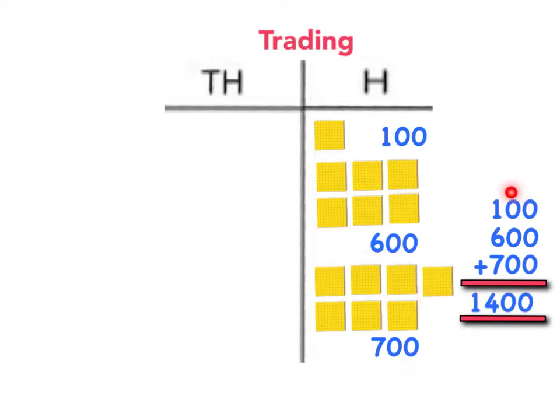Having a look at this in a simple equation, we know that 100 plus 600 plus 700 equals 1,400. Now again, looking at our place value chart, we can't have more than 900 in the hundreds column. So again, we're going to need to bundle and trade next door to the thousands column.